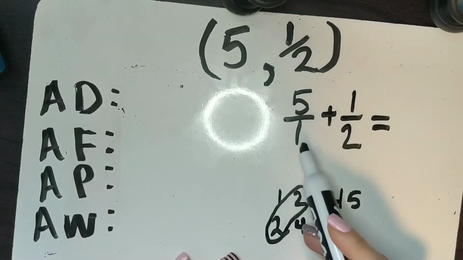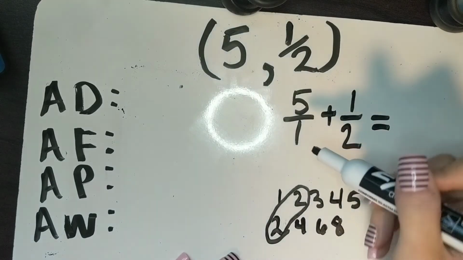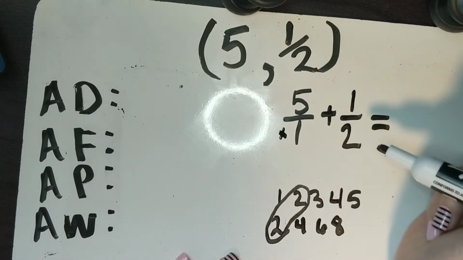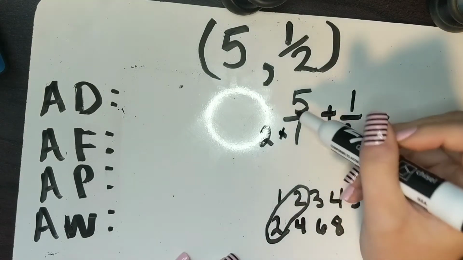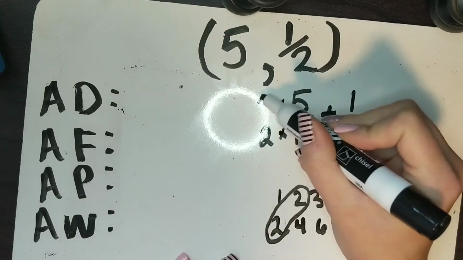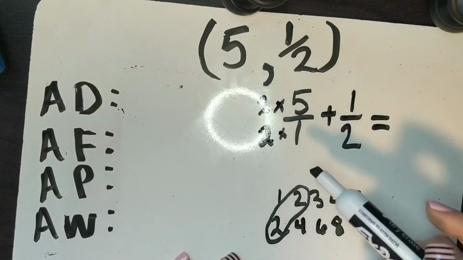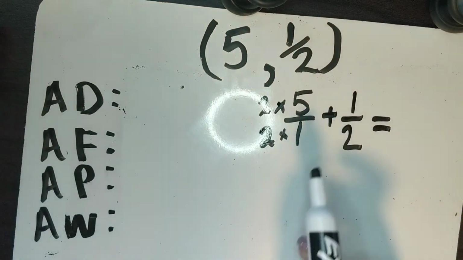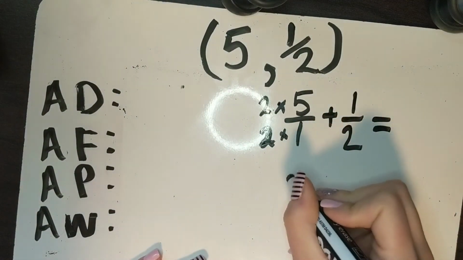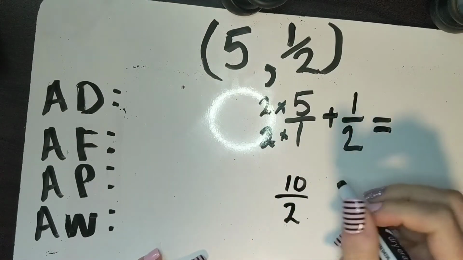So what I'm going to do is take this number, since it's not 2, and multiply it by 2. And then if I do that on the bottom, I also have to multiply the top number by 2. So when I do that, I end up with 2 times 5 is 10, 2 times 1 is 2.